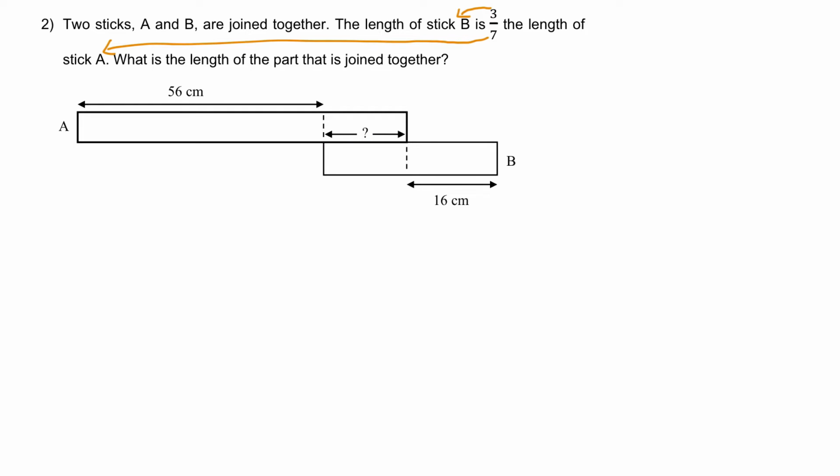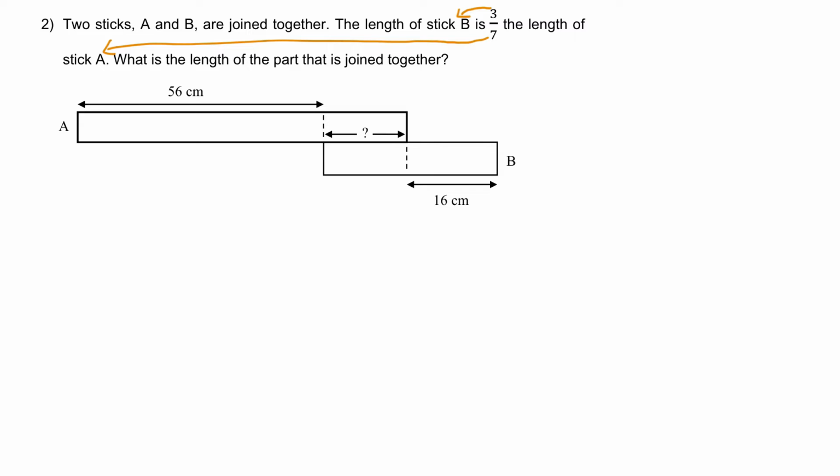The way to approach this question is to visualize moving stick A over to the right side. And we are going to move it 16 centimeters exactly, such that they meet at this point over here. So I'm going to shift it for everyone to see.